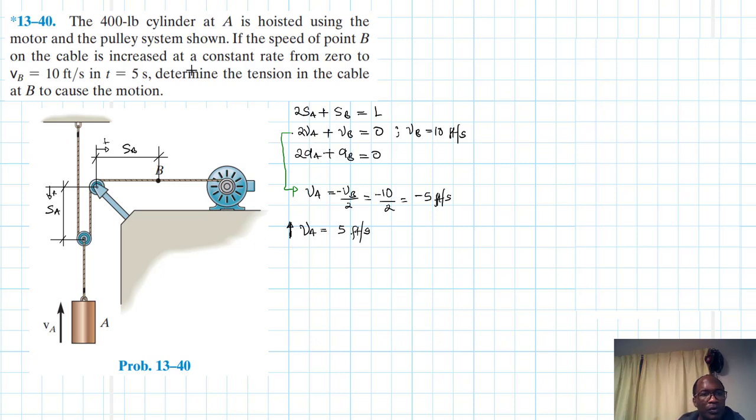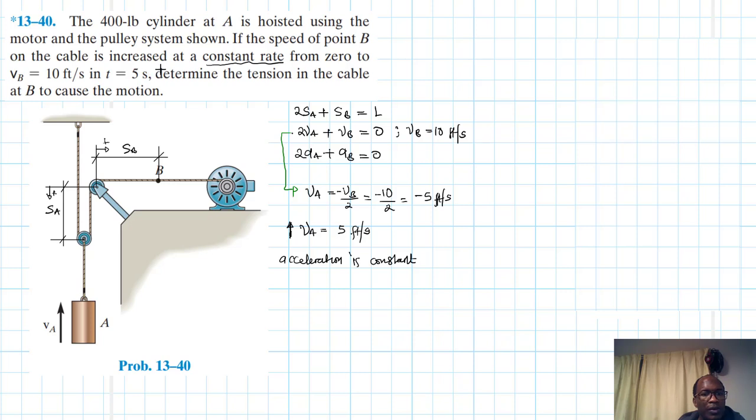So we have been told that the speed at point B on the cable is increased at a constant rate, so acceleration is constant. Therefore, we want to find acceleration here.